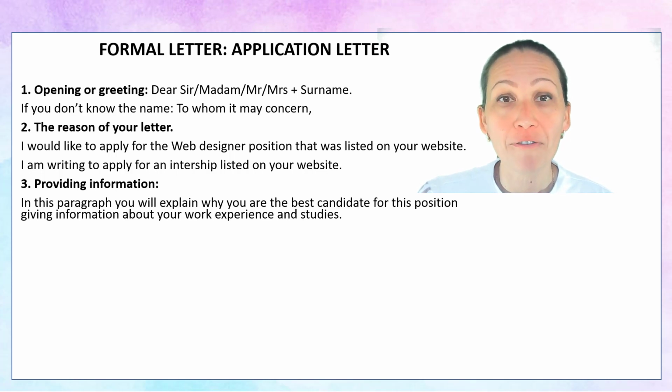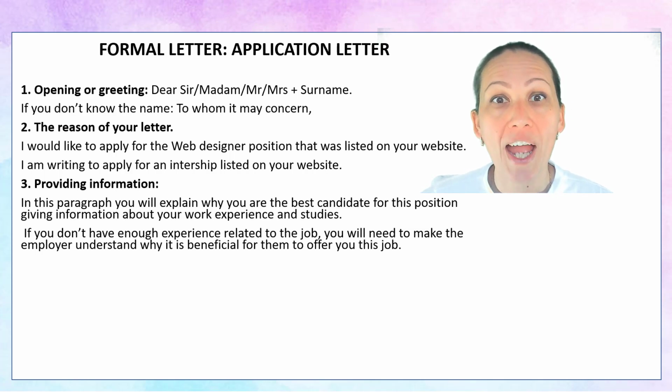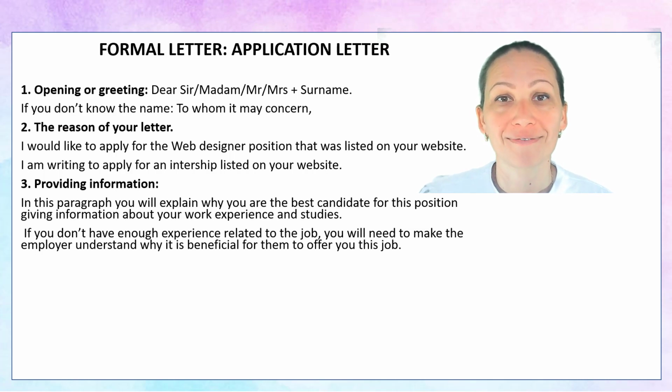In case you don't have enough work experience or you don't have any experience, you need to convince your future employer why you are beneficial for their company. So if you don't have any experience related to the job, you need to make the employer understand why it is beneficial for them to have you as a part of their team, of their company.